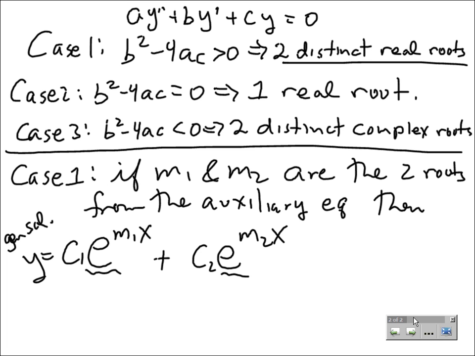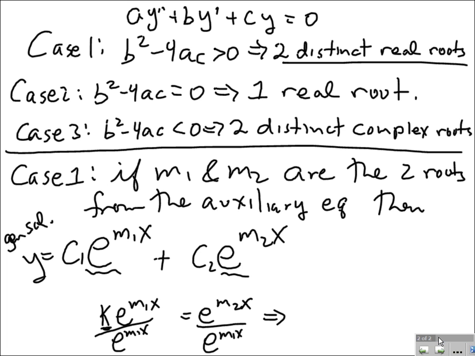Because if they weren't, that would mean a multiple of the first solution would equal the second solution, a constant multiple. Well, I can solve for k. I just divide each side by what k is being multiplied by. And this tells me that k, a pure constant, a real number, is equal to this.